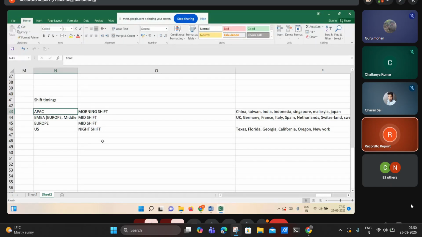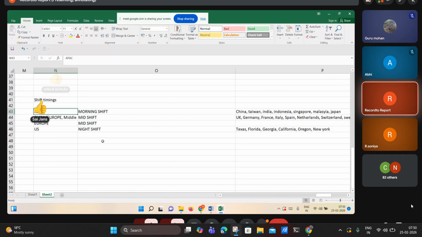Because many people get confused because of this particular point also, guys. Clear? Understand? Whenever you tell your shift timing in the previous organization, you need to tell it according to those countries. Clear? Yes, understand, guys? Okay.